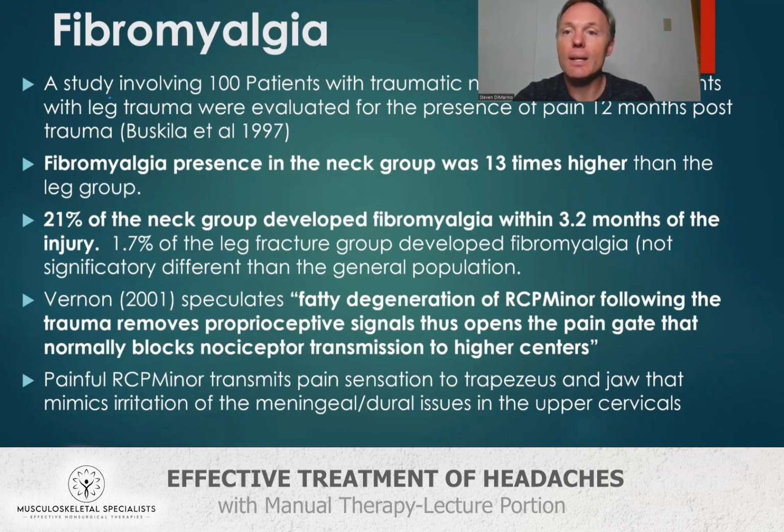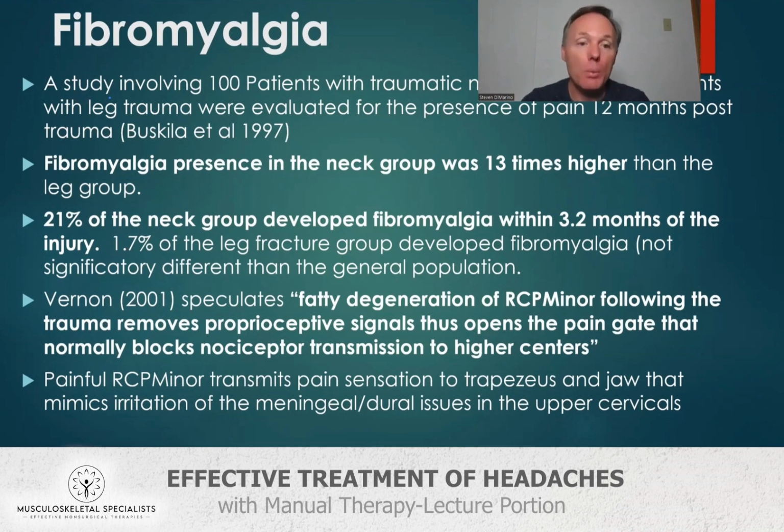This is like 90 days after their whiplash, and now they're getting fibromyalgia. 1.7% of the leg fracture group developed fibromyalgia, but that's not different than the normal population rate. So fibromyalgia developed in people with whiplash. Whiplash is an injury to the RCP min, but it's an injury to the dura. Fibromyalgia is a dural injury, right? And it's a sympathetic nervous system injury, right?